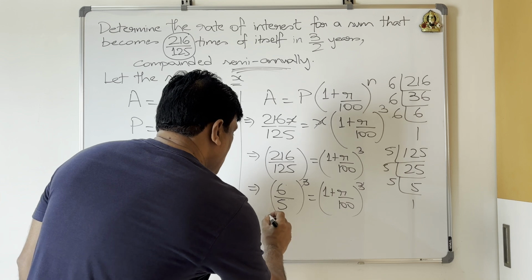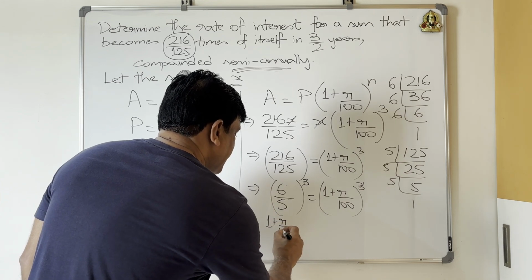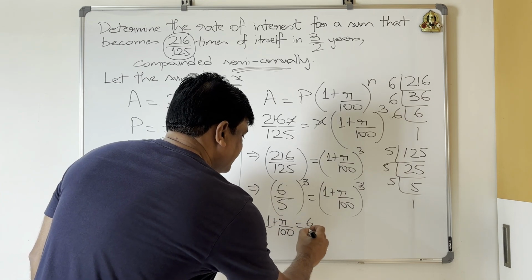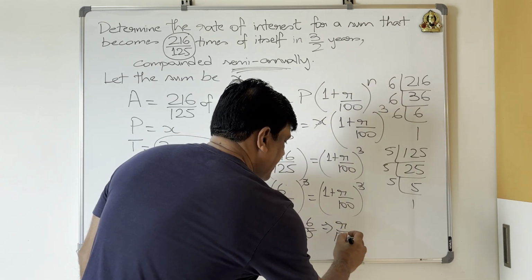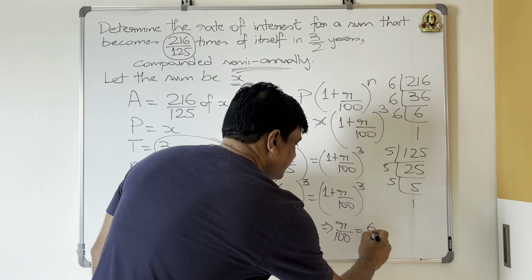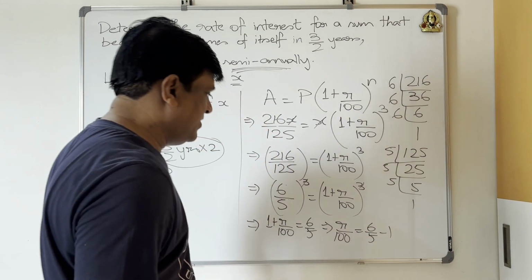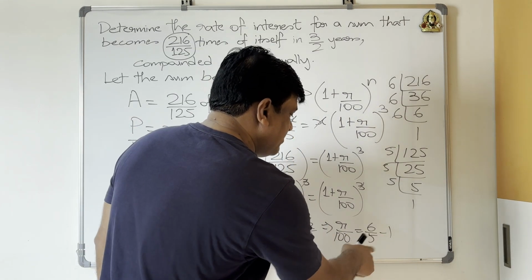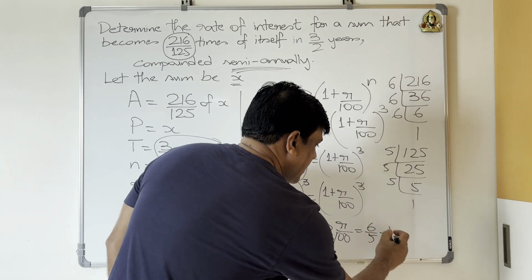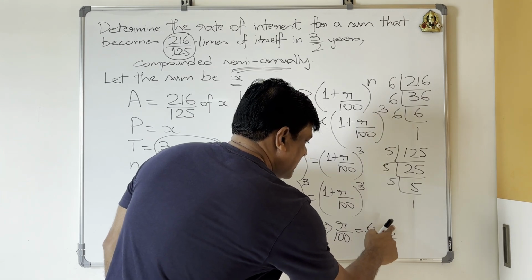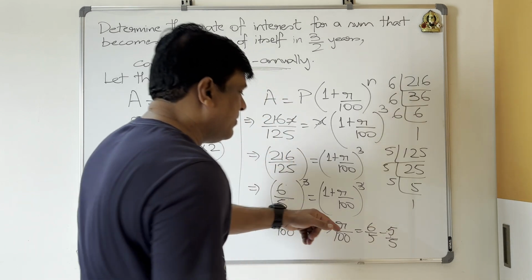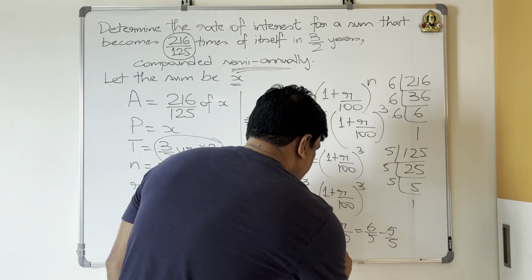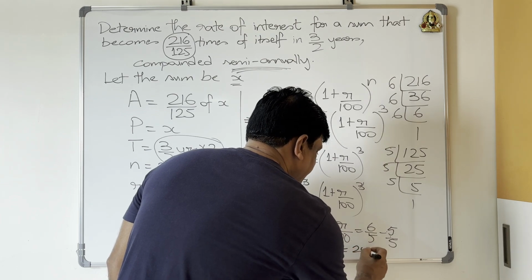I get 1 plus R by 100 is equal to 6 by 5. When I take the 1 to the other side, I leave R by 100 here. It will become 6 by 5 minus 1, which I can write as 1 by 5. So your rate comes out to be 20%.